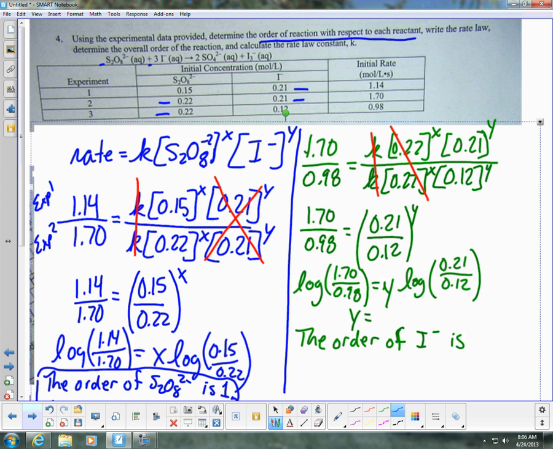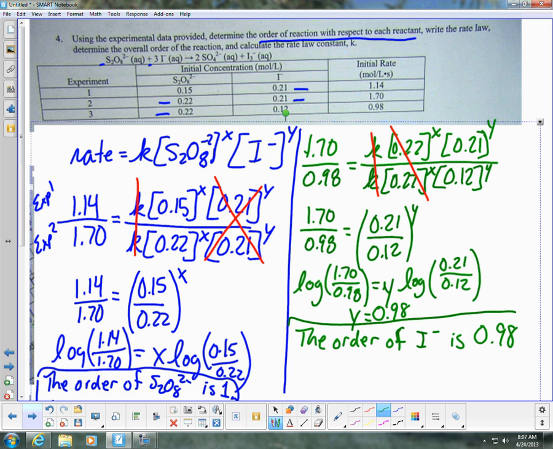Okay, so what do we get for y? Okay, we got 0.98. How many got 0.98? Okay, 0.98 wins. So that is 0.98. Is that different from what we thought it would be? Yeah, because we thought it would be 1 or 3.